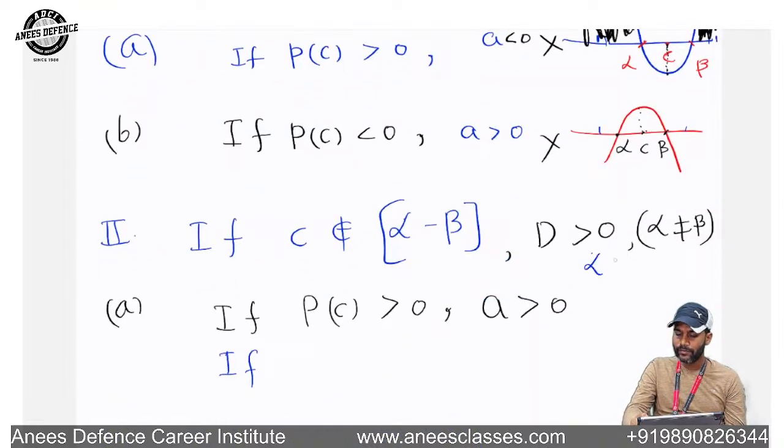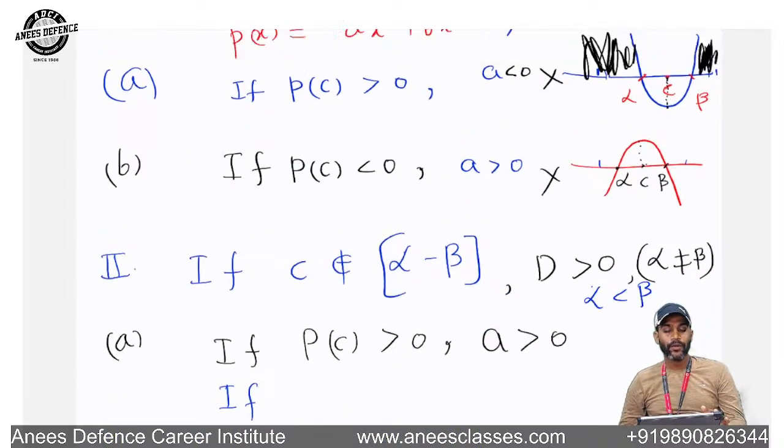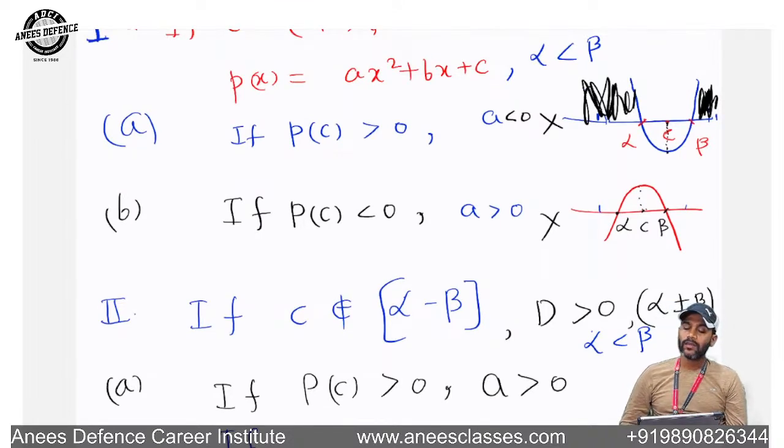If you take any value on the left of alpha, it will cut the graph above the x-axis, so P of C will be positive, then A should be positive.